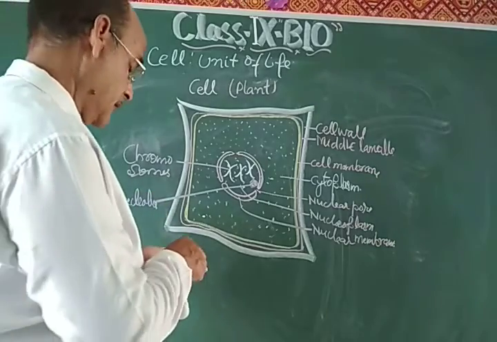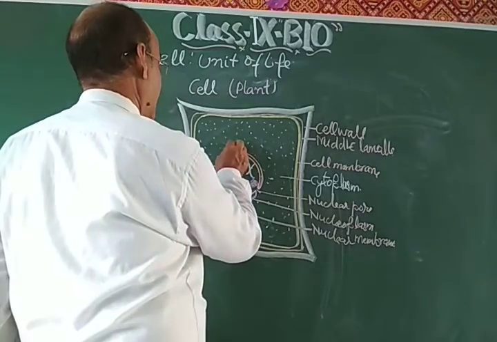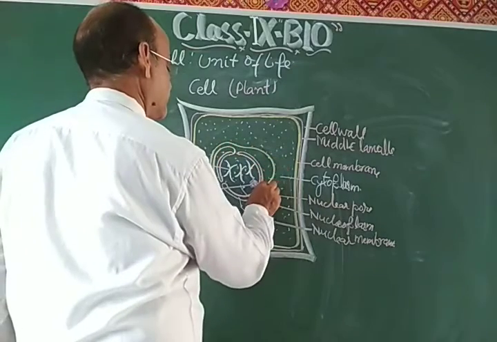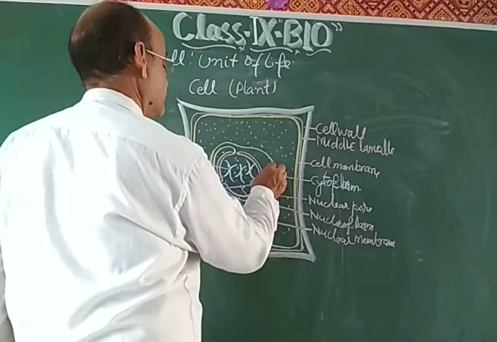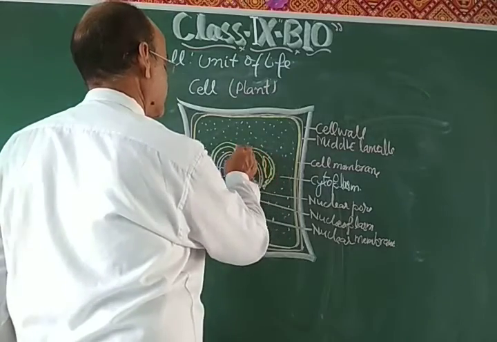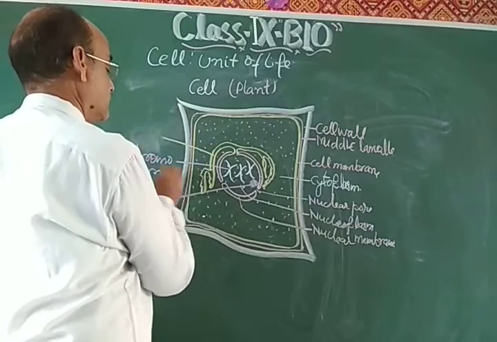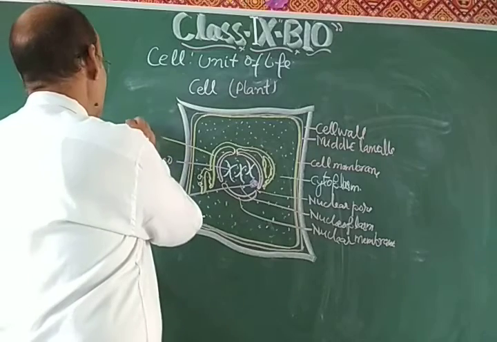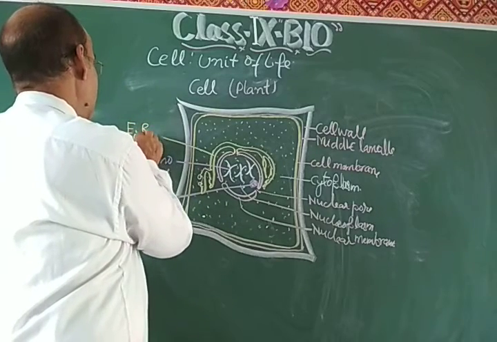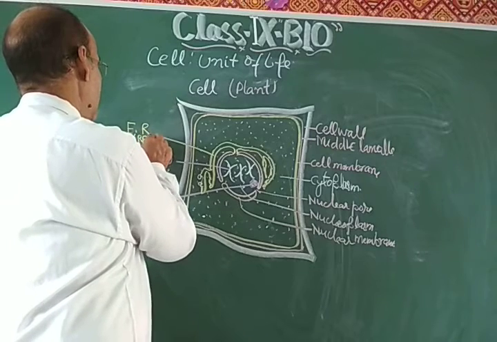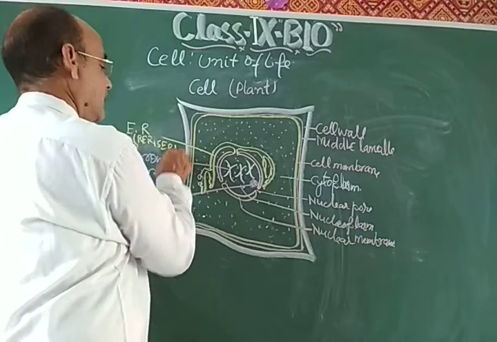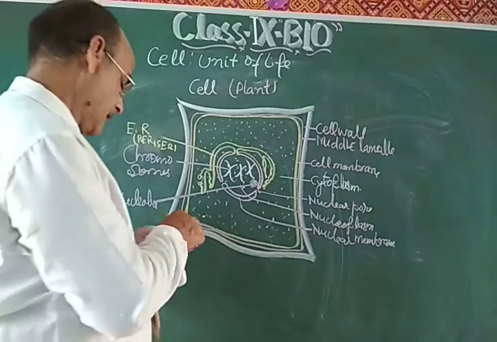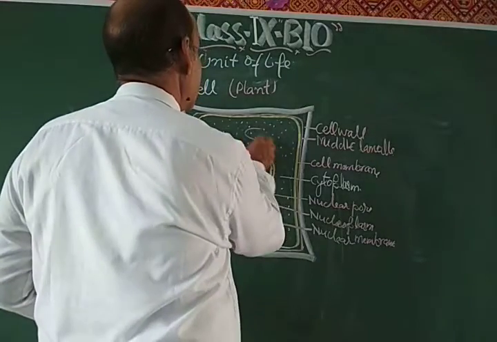Apart from this, dear student, you will find that this one is endoplasmic reticulum, that is RER plus SER, smooth endoplasmic reticulum. After that, this is plastid.